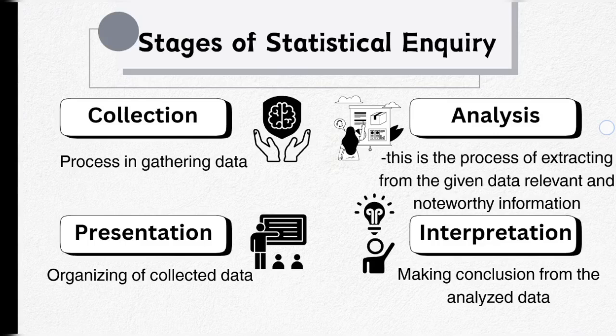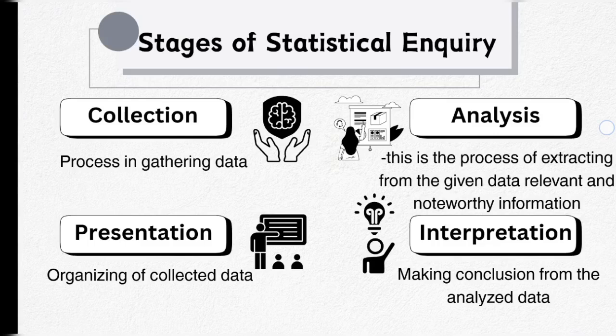For example, if you are studying people's favorite ice cream flavors, you would collect their answers through surveys, interviews, or observation. So now is the presentation. Presentation is the organizing of collected data. So think of this as how you show or share information with others. It could be through charts, graphs, slides, or even storytelling. The goal is to make your message clear and engaging for your audience.